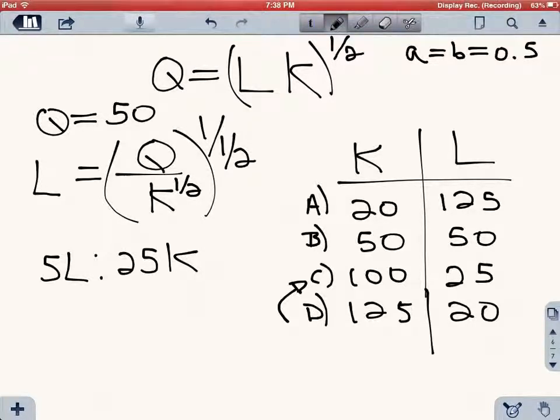Now let's say that at that point you want to even get rid of some more capital, and you want to replace it with labor. Well, how would you replace capital with labor at that point? Well, at that point you will go from C to B. You get rid of 50 units of capital with 25 units of labor.